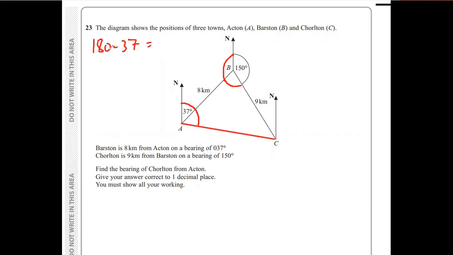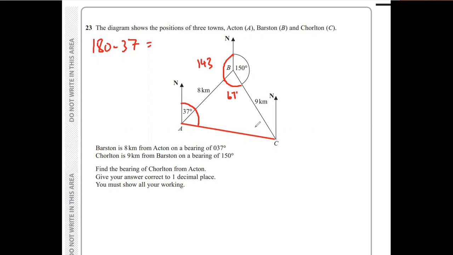And if I take the 37 from this, 150, so 143. And if we know that this is 143 and this is 150, we can work out the other one by taking away from 360, 150 and 143. That will be 67. So this angle is 67.